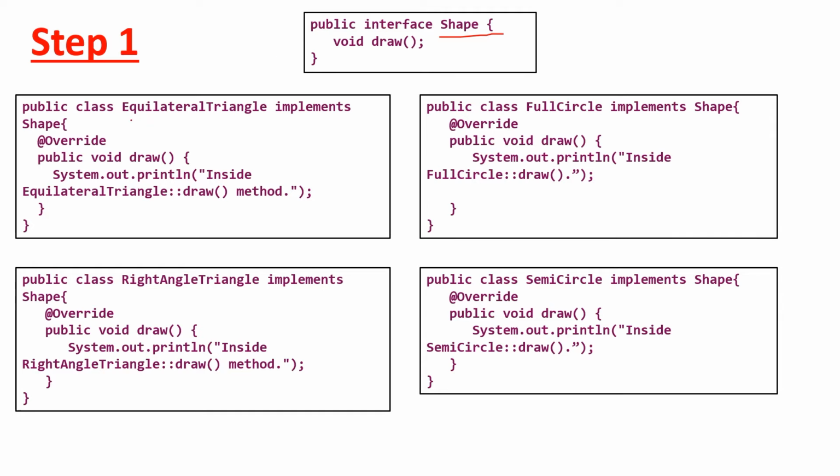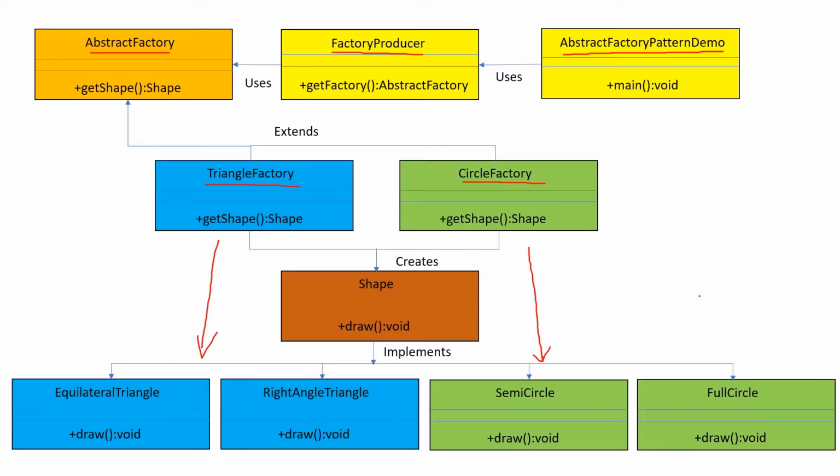So basically my equilateral triangle is implementing this shape, and then again my right angle triangle is implementing the shape. Similarly, this full circle implements the shape and this semicircle also implements the shape. So let's go back into the figure, and here you can see this shape was an interface, right? And I have 4 concrete classes which are basically implementing this shape. So you can see this. Now let's move into the second step.